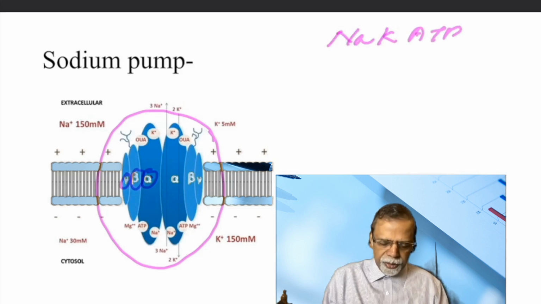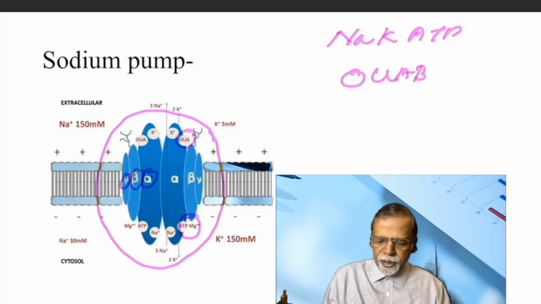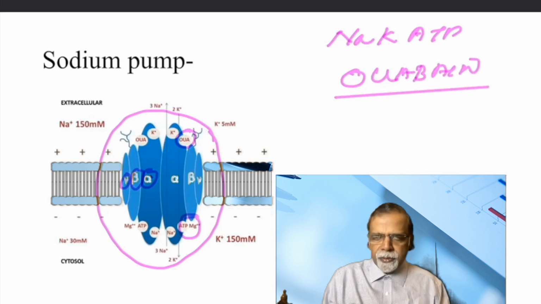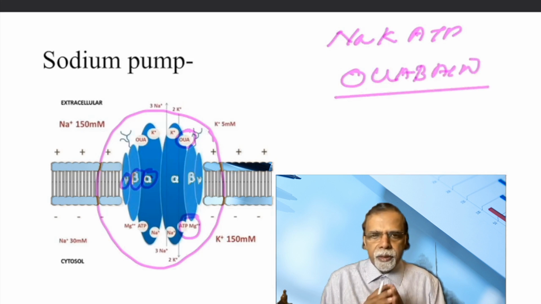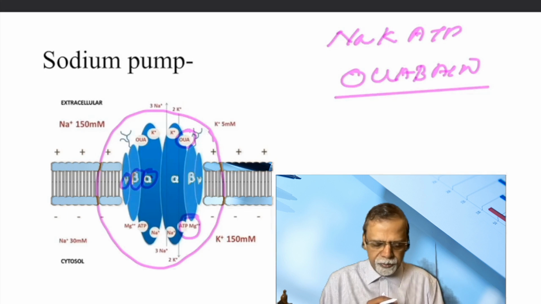Inside the cell there is a site for ATP. Outside there is a domain for ouabain. Ouabain is a cardiac glycoside which can inhibit the sodium-potassium pump.